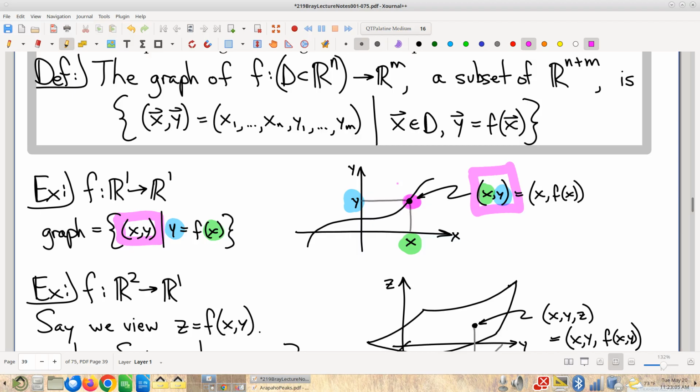Take a quick moment to recognize how surprising and weird that is. This function is not defined on R2. This function does not take 2 inputs.